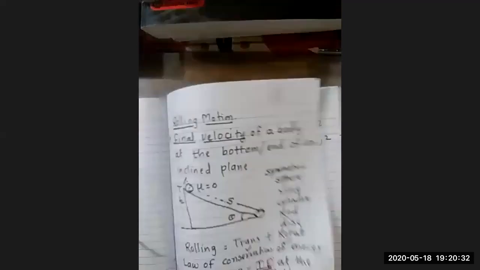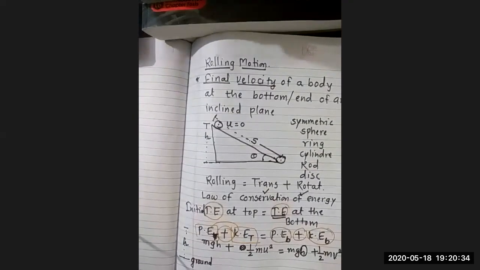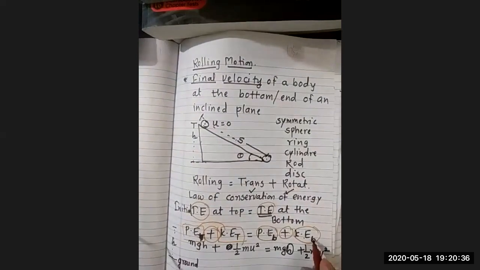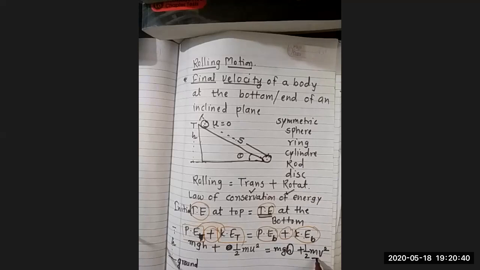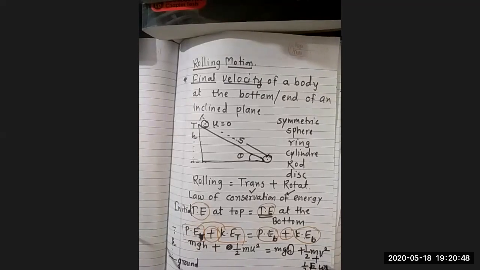So in the previous equation, what we need to add is this: kinetic energy at the bottom means translational kinetic energy plus rotational kinetic energy, 1/2 I omega squared. We need to add this factor in the last term, right?